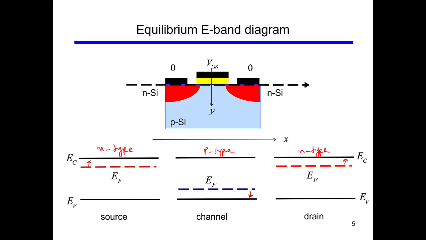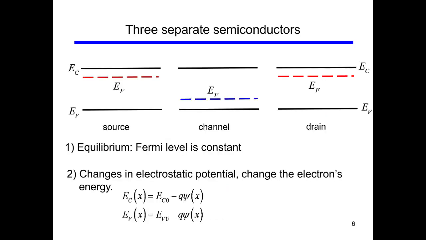Same on the drain side, it is an n-type material, so the Fermi level is near the conduction band. So this is the energy band diagram of all the three regions, but separately. What happens if we join them together?